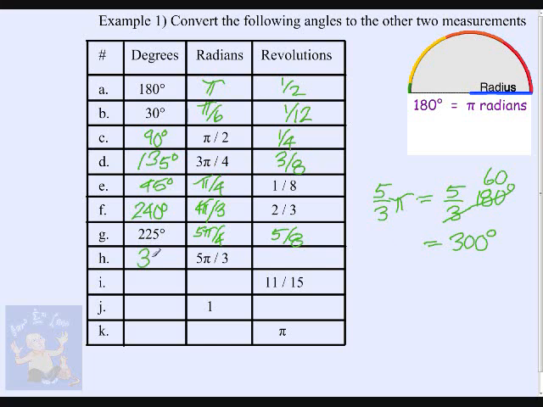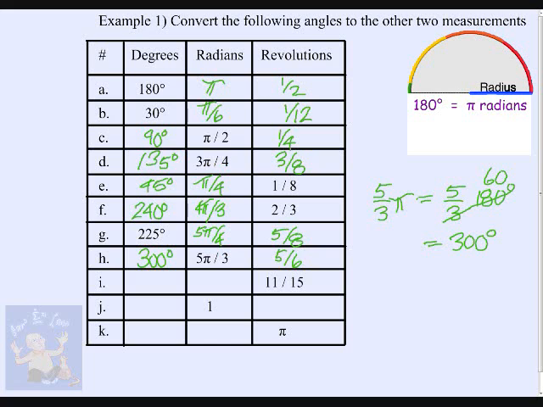Let's write it down and think about it for just a minute. 3/3 of pi would take us halfway around the circle. That would be pi radians. So 5/3 has got to take us quite a ways. So yes, that does make sense. And how many revolutions, or what portion of a revolution will that be? 5/6. We're starting to see some relationships building here.